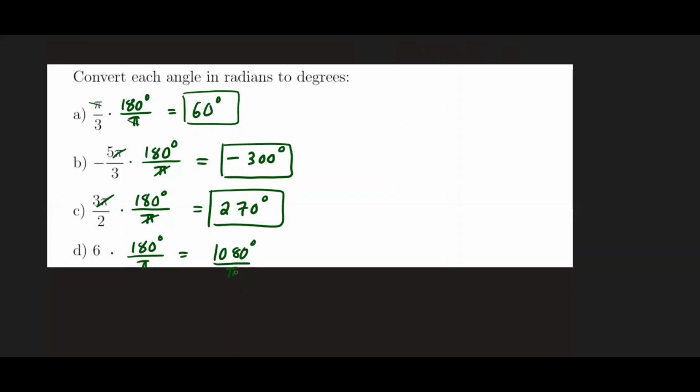I know this looks weird because you have pi involved in your answer, but that's totally fine because the degree symbol tells us this is in degrees. And if you type this in your calculator, you'll see this is approximately 344 degrees. So that would be the degree measure for this.